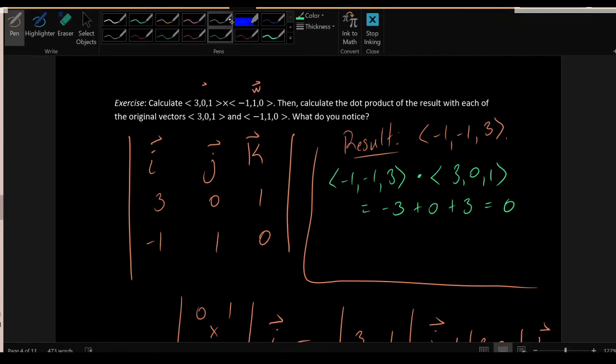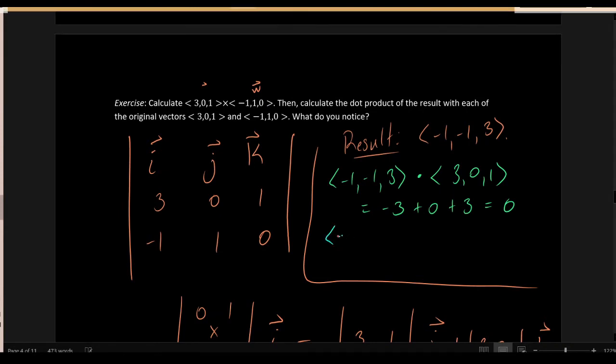And if I do the same thing with the other vector, the result of the cross product dot with -1, 1, 0: -1 times -1 is +1, -1 times +1 is -1, then 3 times 0 is 0, so the result of that is also 0.